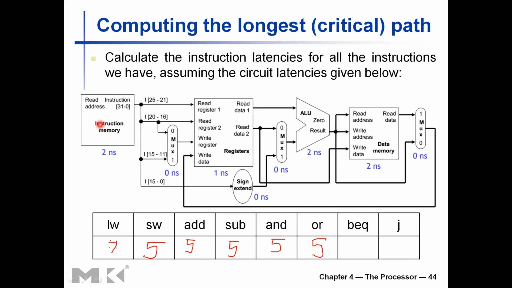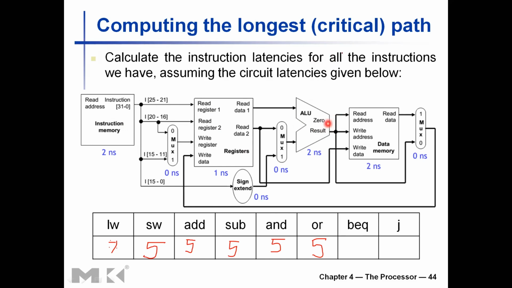2 for reading instruction memory, 1 for reading register file, 2 for computing the result of the subtraction here, subtracting one register from another register to generate the zero result value.